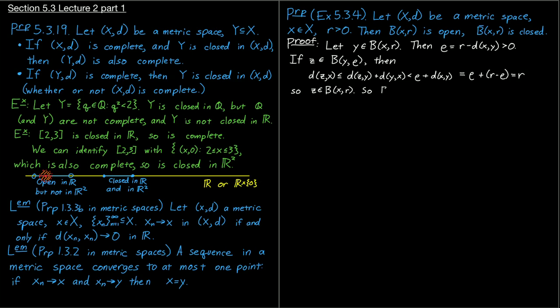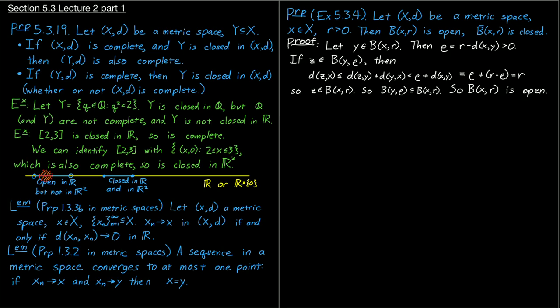So that means that the ball centered at y of radius rho is contained in the ball centered at x of radius r. So for every point y in the ball B(x, r), there's a little ball centered at y that's in B(x, r). So B(x, r) is open.